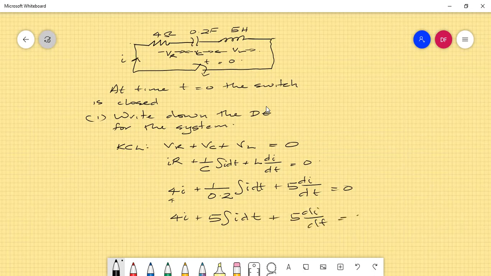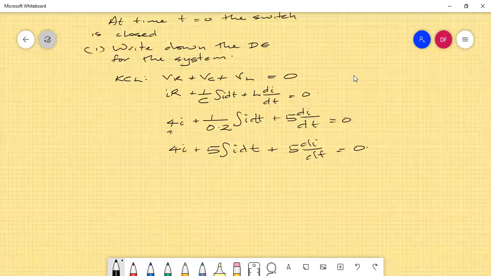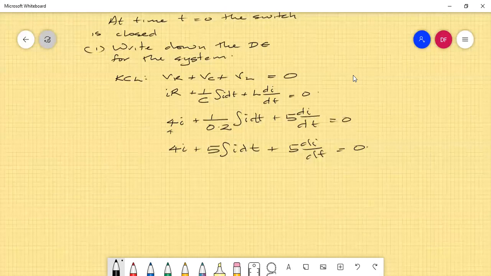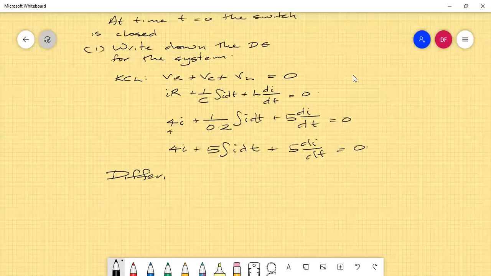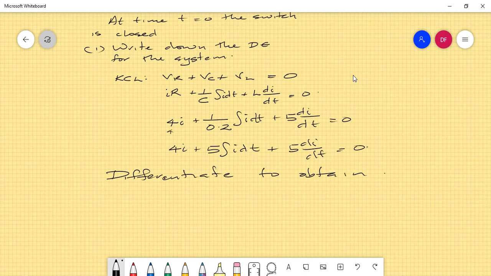Now, one of the things that we can do is to make this equation more palatable so we can deal with it. We can differentiate everything. So we're going to take the derivative. If we differentiate here, we're going to get 4 di dt. i is a function, we don't know what the function is, so we have 4 di dt.